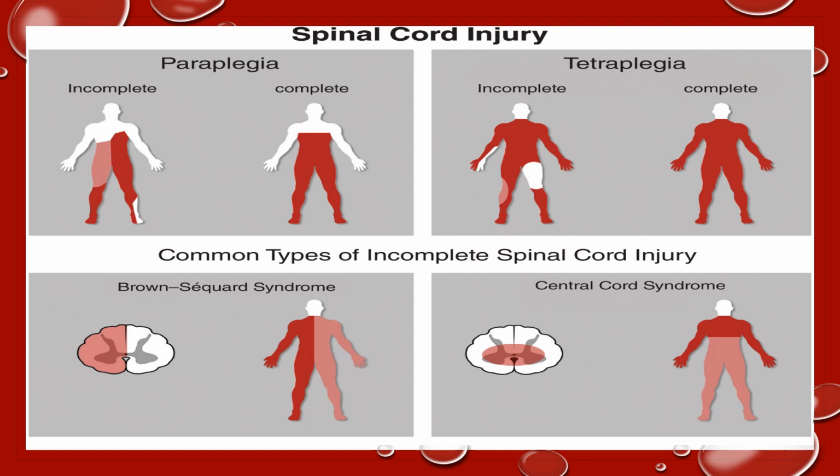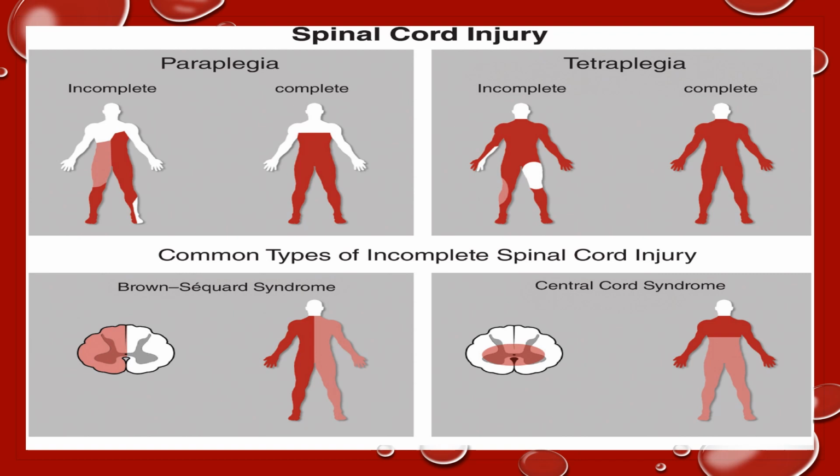To summarize the topic, spinal cord injury can cause either paraplegia or quadriplegia. If both the lower limbs are involved, that is called paraplegia. If all four limbs are involved, then it is called quadriplegia or tetraplegia.